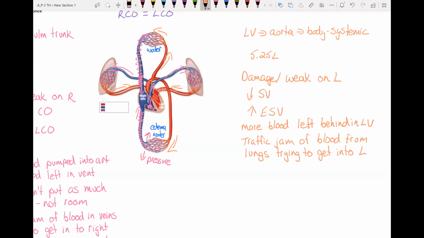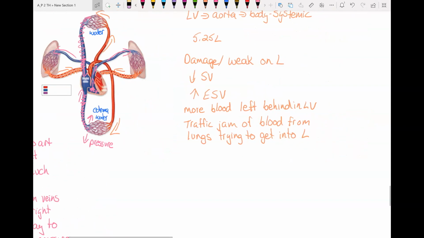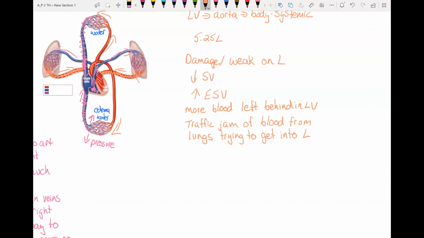So now it's here in these pulmonary veins where you have the traffic jam, and you get that buildup, and that buildup goes all the way back to your pulmonary capillaries. And remember, this is going to create pressure, and that pressure is going to cause water to come out.